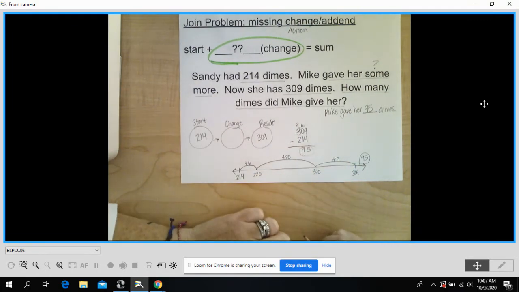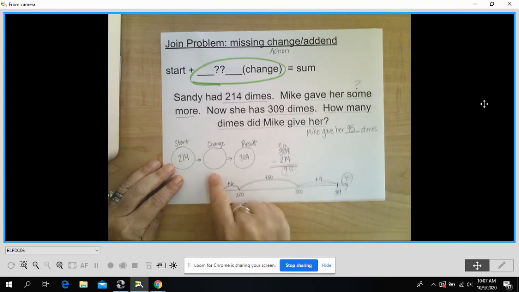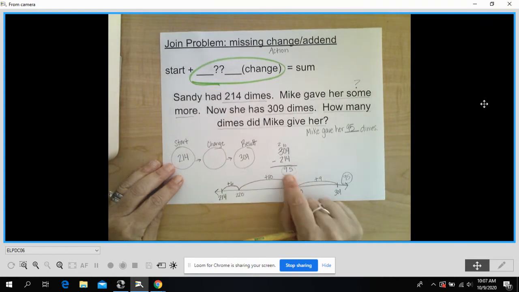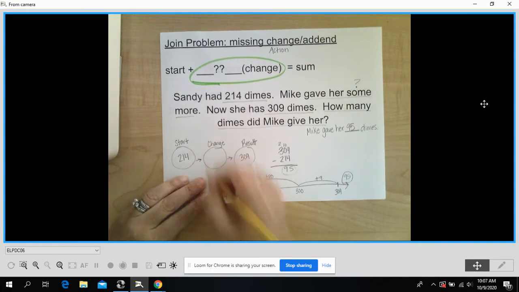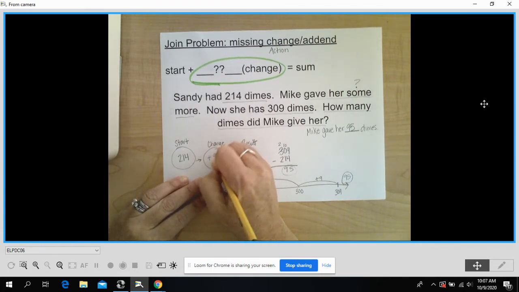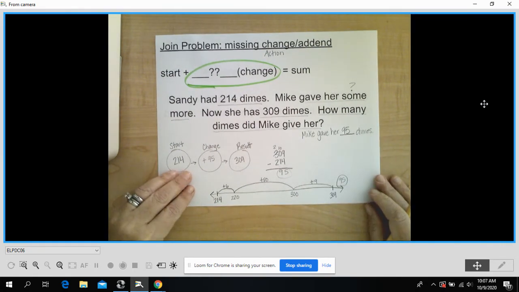So I get my same answer if I do it through subtraction. But this time, we found out that the change was 95 dimes. Sandy had 214. Mike gave her 95. And now we're ending with 309.